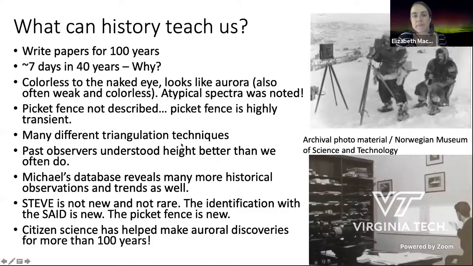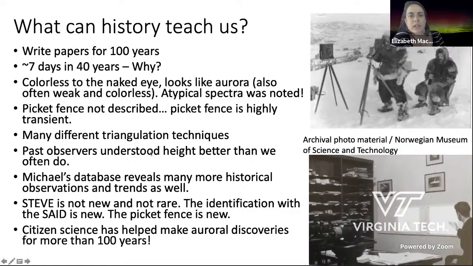As Josh just mentioned, there are many different new techniques involving triangulation today, and Michael has really done a lot of great work on this. And so it's important for us to take into account, with our current technologies and some of those limitations, how to do this as well as we can and as well as other people around the world, including citizen scientists, might want to triangulate images.